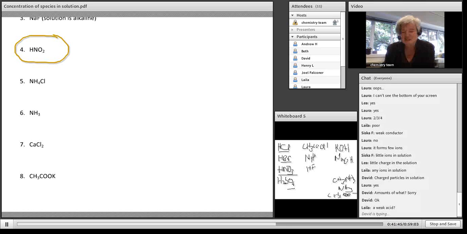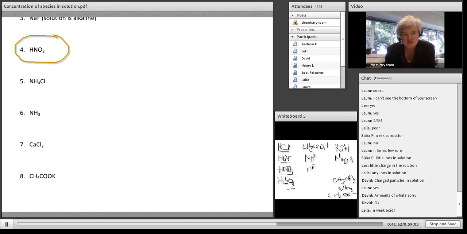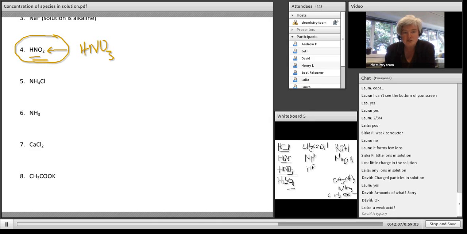As I say, it's not given on your list, so they would have implied it somewhere along the line by giving a Ka. But I'm just pointing this out because it's so easy to read that as HNO3, nitric acid, instead of nitrous acid, which is what that is. Okay, so that was not a typo. That was actually the nitrous acid, which is a weaker acid.